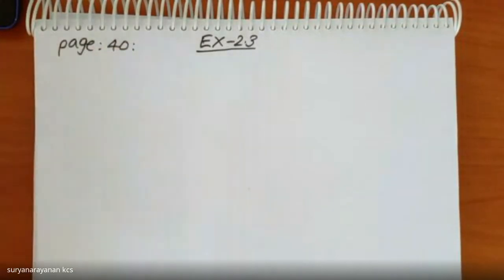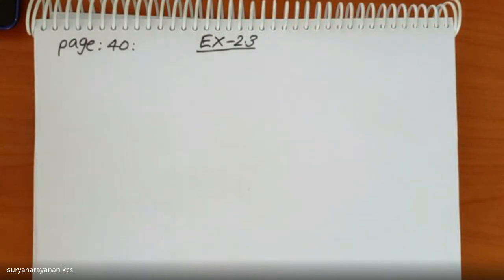See page number 40. In this page, there is exercise 2.3. This entire exercise is based on finding the remainder when a polynomial is divided by a linear polynomial. See the first question. Find the remainder when x cube plus 3x square plus 2x plus 1 is divided by, here different parts are there.